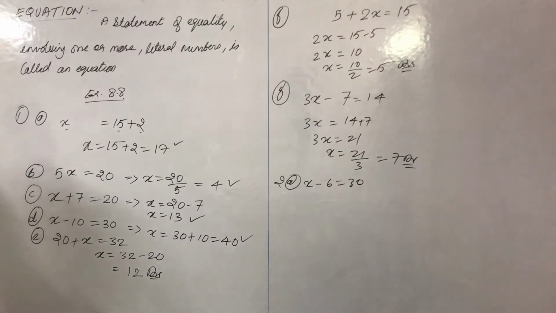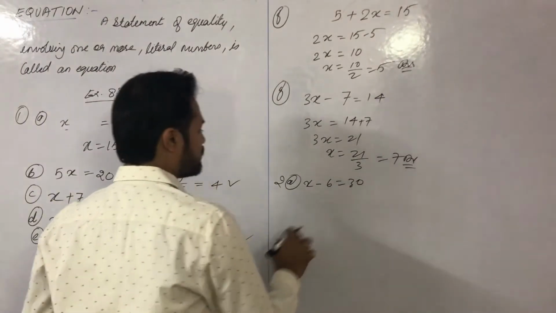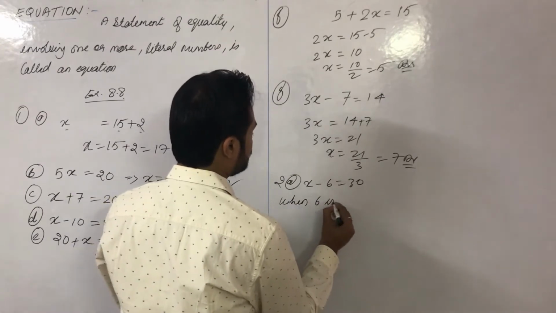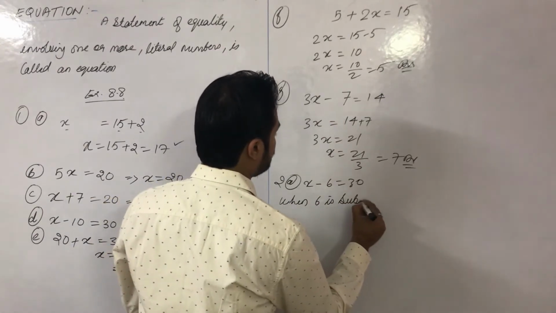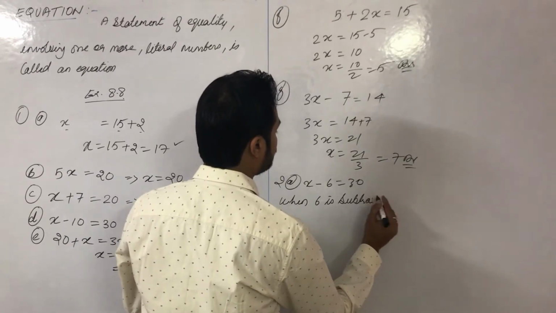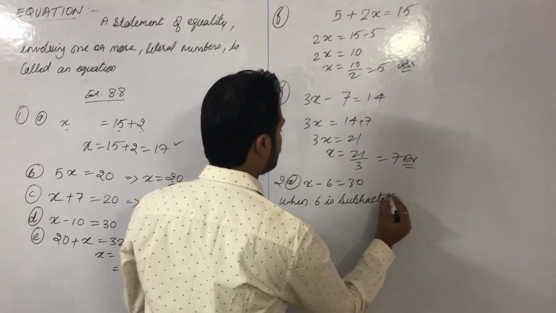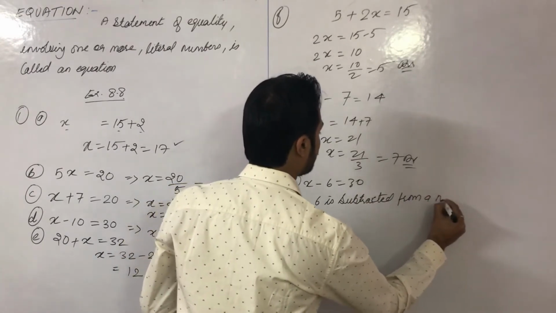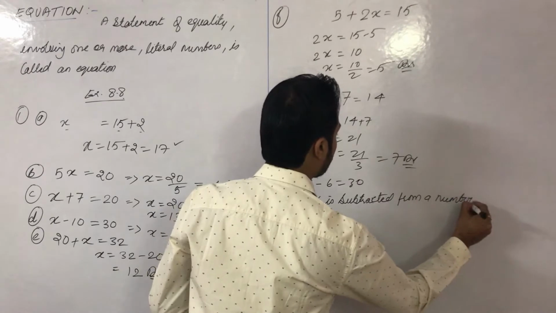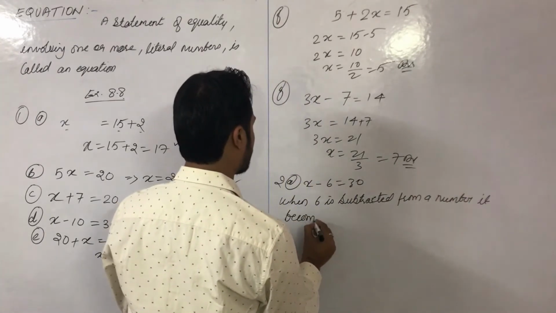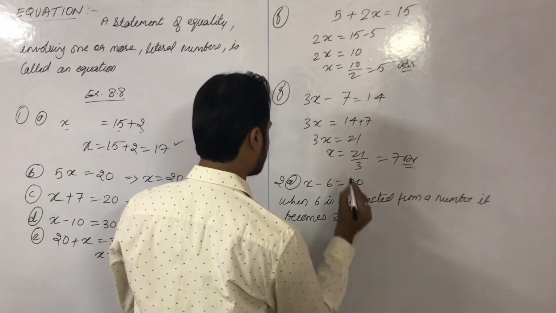When 6 is subtracted from a number, it becomes 30.